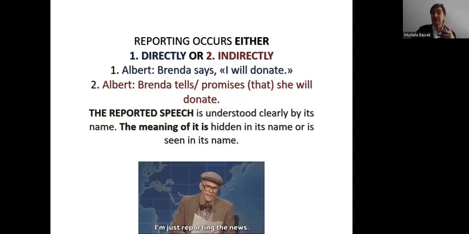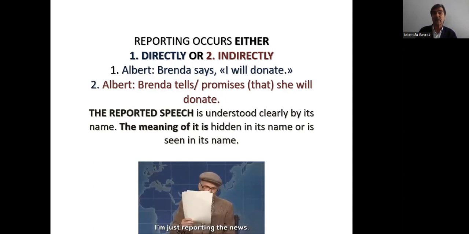Brenda says is the word of Albert, but I will donate are the words of Brenda. This is the sentence, as you know, simple future tense. So this sentence belongs to Brenda, and Albert reports it by saying, Brenda says, I will donate.